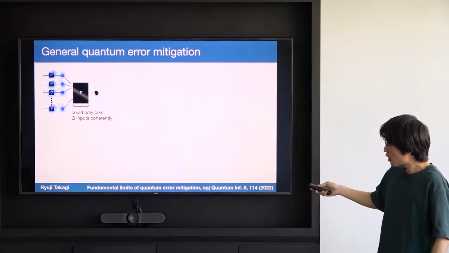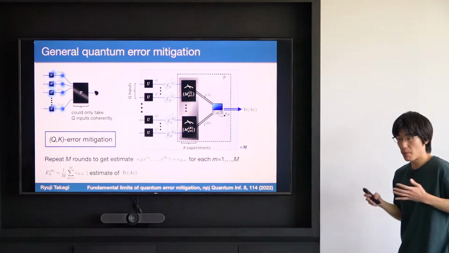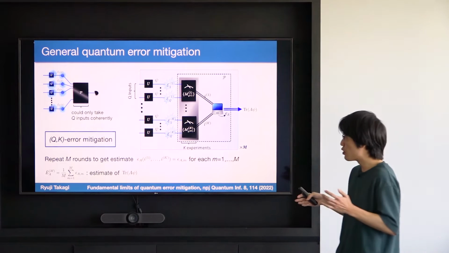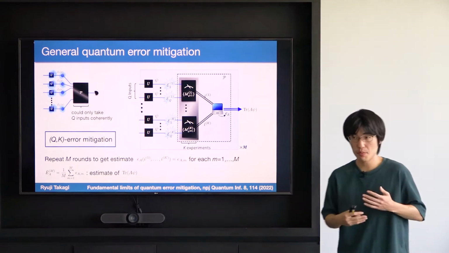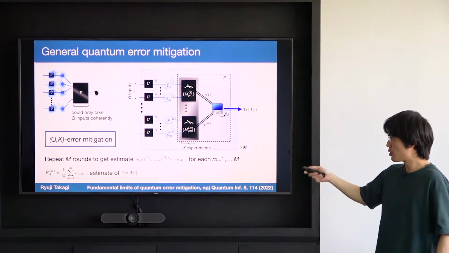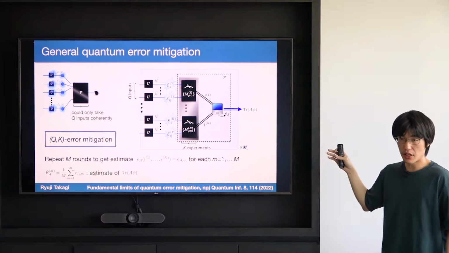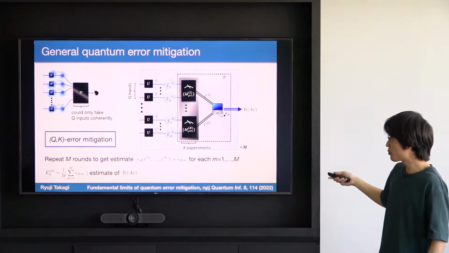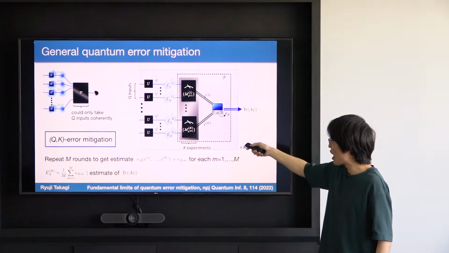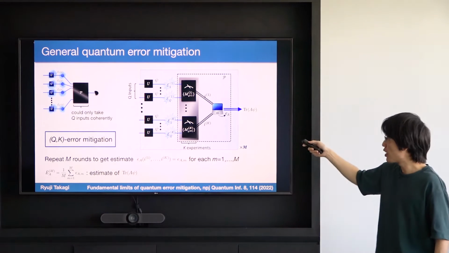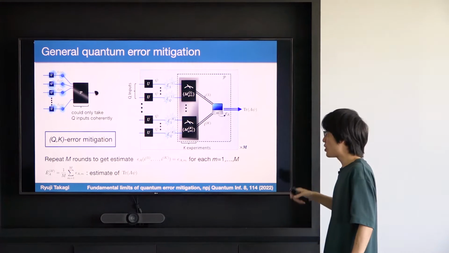So some error mitigation techniques just have the property that they only apply coherent interaction between up to Q noisy copies of the noisy states. So in that case, you will have some quantum experiment that only takes in Q noisy inputs.